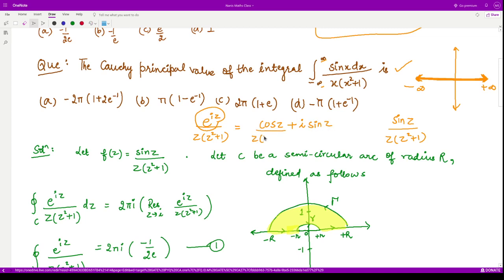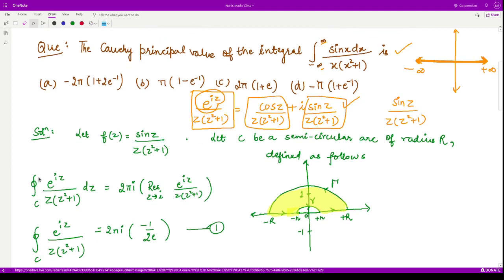So you can get the value of either of these two. If you are asked to calculate the integral of either the first term or the second term, you just take this particular integral so that at the end you can evaluate the real and imaginary parts to obtain whatever is asked in the question. In the current case they are asking the sine term, so in effect we will take this particular integral in the very starting and perform this integration over C.